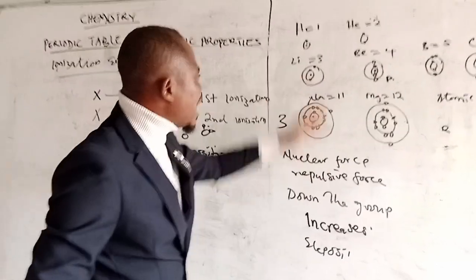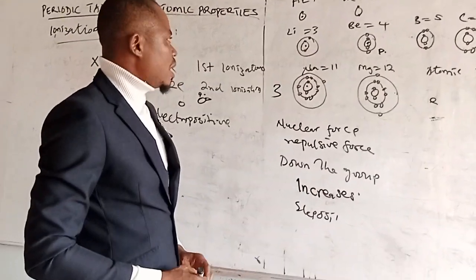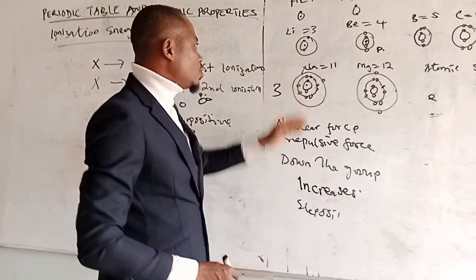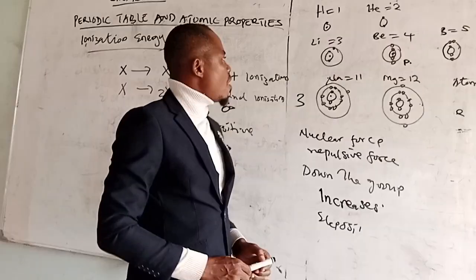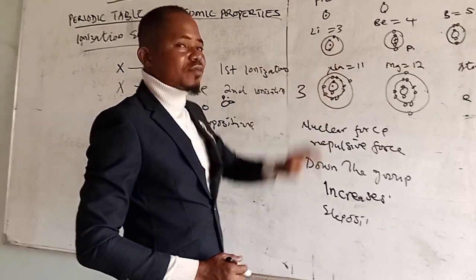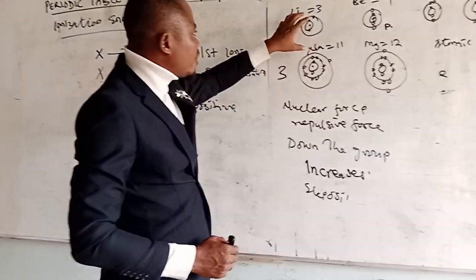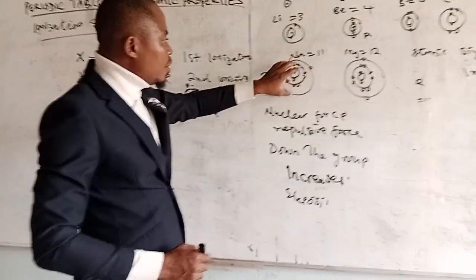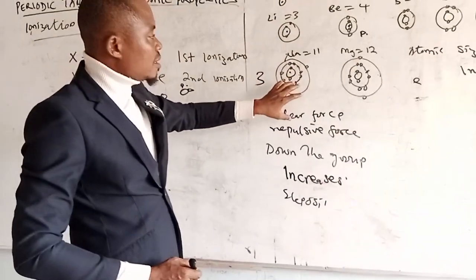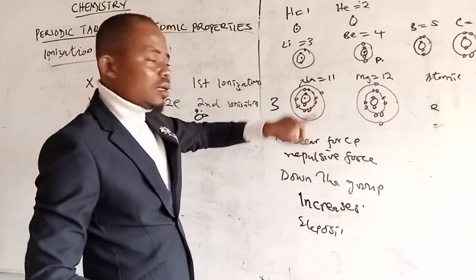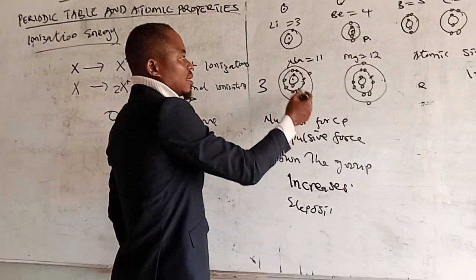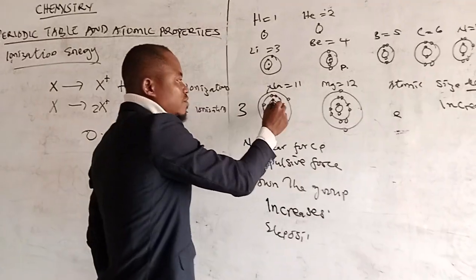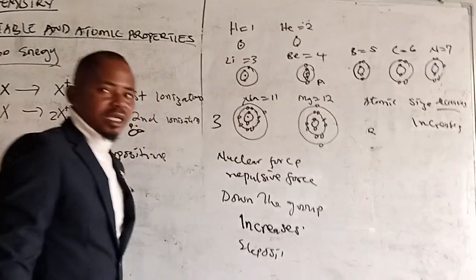Now, as we move down the group, what happens? As you move down the group, due to the effect of internal screening, the shielding caused by the inner shells, the nuclear force cannot be felt completely by the outermost electron.